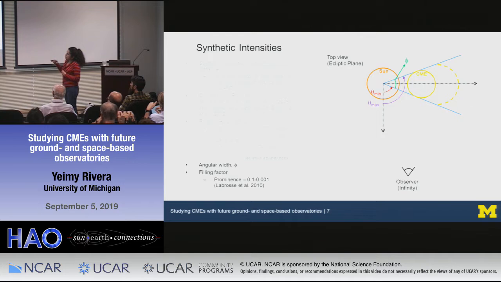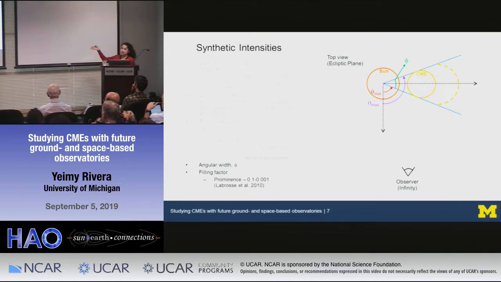And we also specify a filling factor for each plasma structure. So the filling factor is really important because it could be very different than one, especially for the prominence material. People have shown, or have calculated, a variation of several orders of magnitude. So that's very important. I think we use a value of about 0.1.